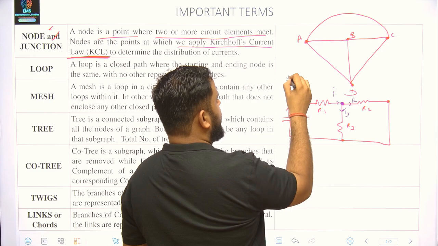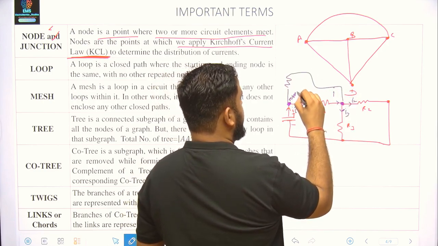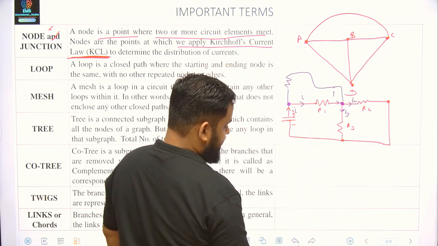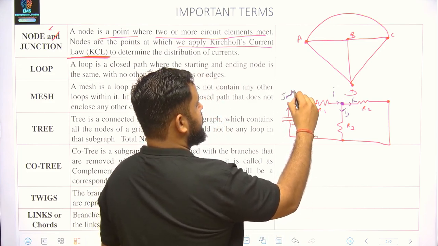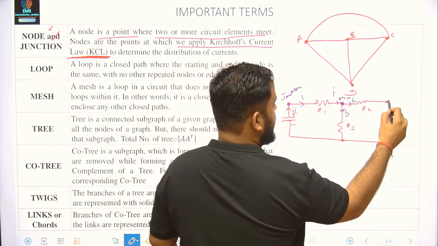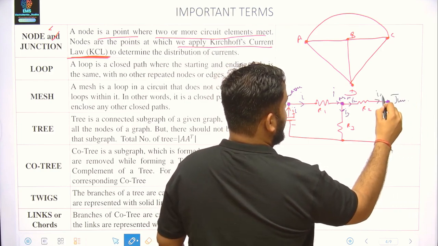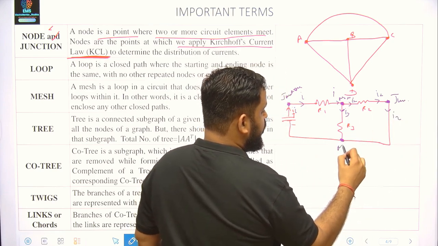Here, whatever the current is coming. Okay, if I connect another resistor over here, then this becomes a node. So before that, if there is no resistor over here, this is a junction. This is a node. Again, this point is a junction because again, I2 is here, I2 is here. This point is a node.